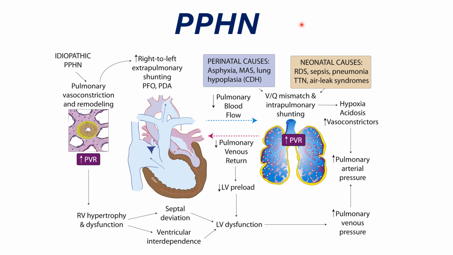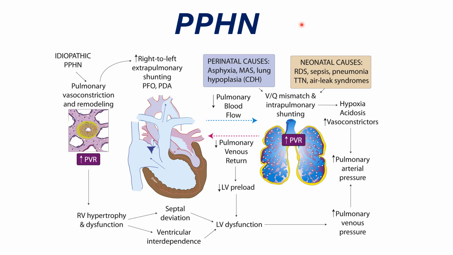Most of the time, it is started at 20 parts per million. Then there is sildenafil, either oral or IV, which is a phosphodiesterase inhibitor that causes vasodilation. Milrinone can also be helpful in causing vasodilation, and it also helps the right ventricle.